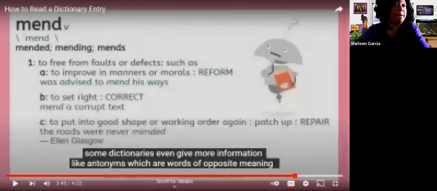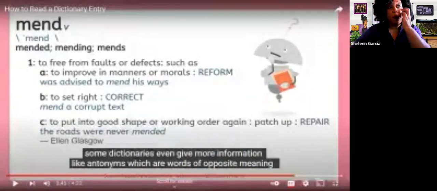Okay. So I'm going to leave this page up and talk about this a little bit. So this word mend has 3 different ways we can use that word. The words in the dark font are the actual definitions, okay?